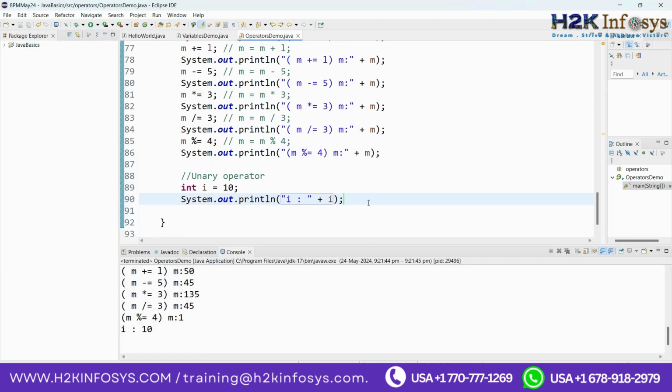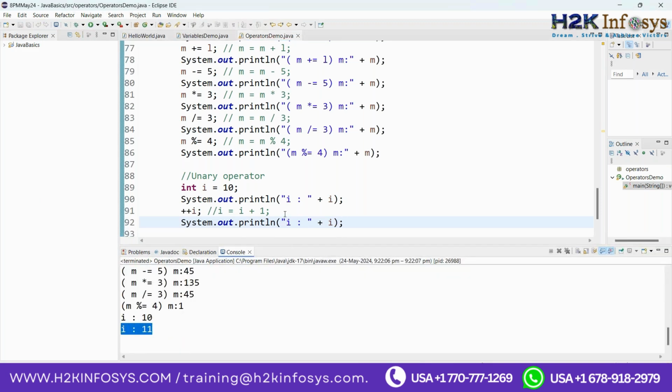Now tell me one thing. I do plus plus I. What does that mean? I equal to I plus 1. Now what would be the I value? 11. After this expression it becomes 11.